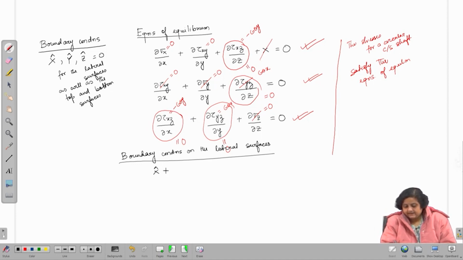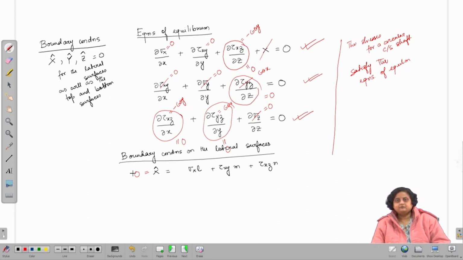X hat has to be sigma x L plus tau xy m plus tau xz n. Y hat, okay, let us first see whether this is being satisfied. So, now I have a free lateral surface. So, there is no externally applied force. So, x hat is equal to 0.